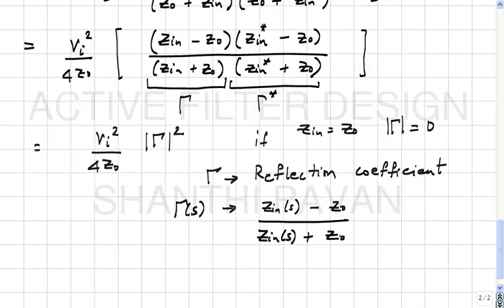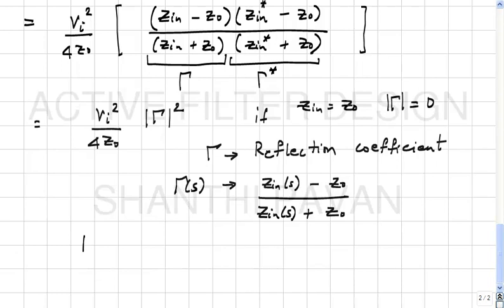Okay. Now, P max minus P actual is given by, what is P max? Vi square by 4Z0. So we just said that P max minus Pa is nothing but Vi square by 4Z0 times mod gamma square. Therefore, the right hand side must be P max into mod gamma square.